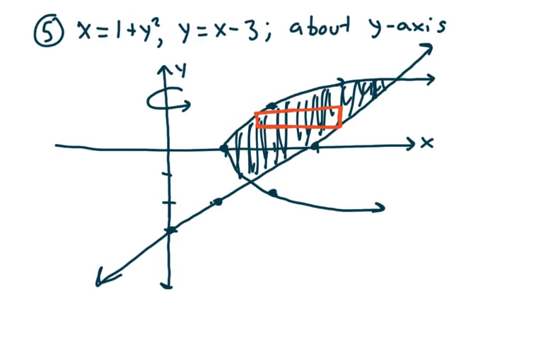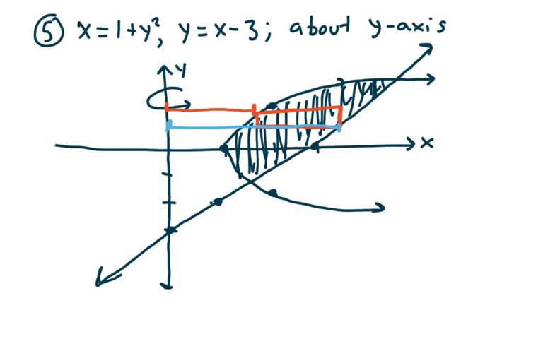So if we look here, the outer radius is going to go from the line in blue here, right, out to the y-axis. The inner radius is going to go from the parabola out to the y-axis, like so.